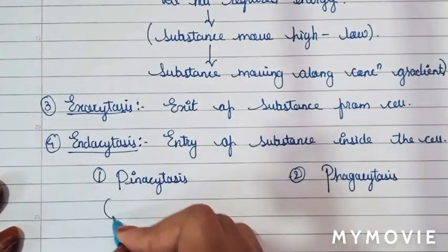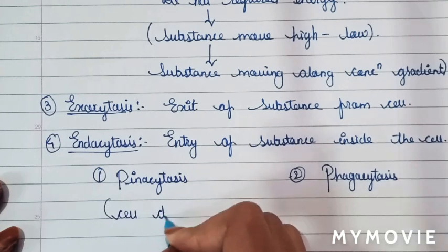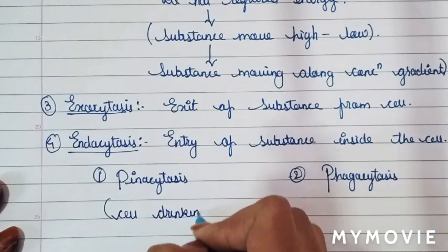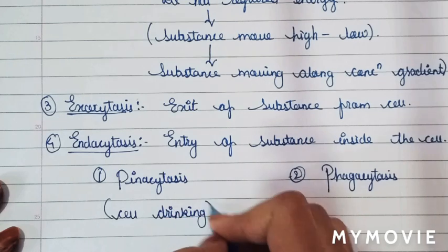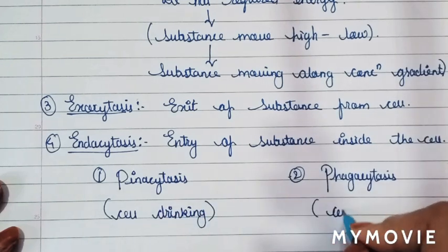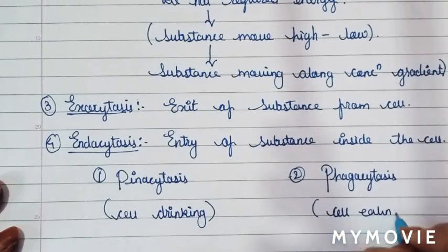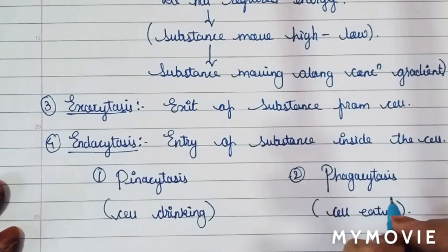Pinocytosis is cell drinking, and phagocytosis is cell eating. Means what?